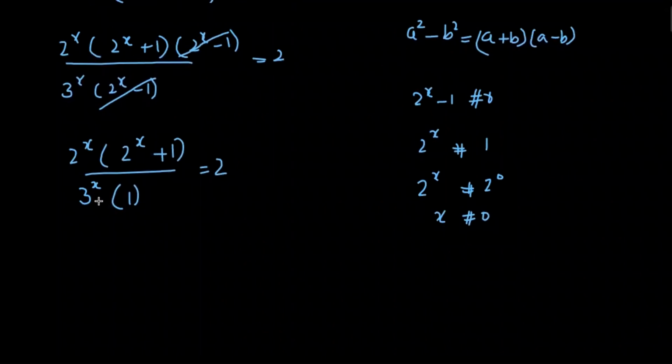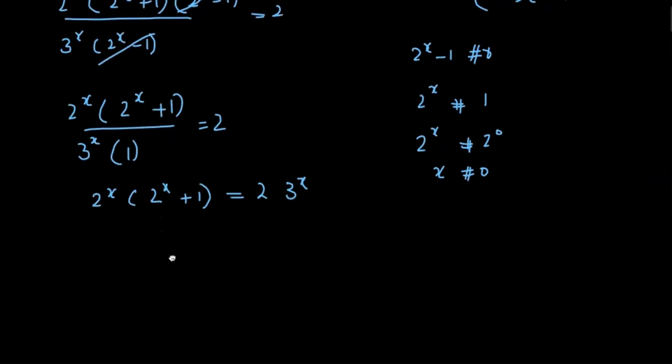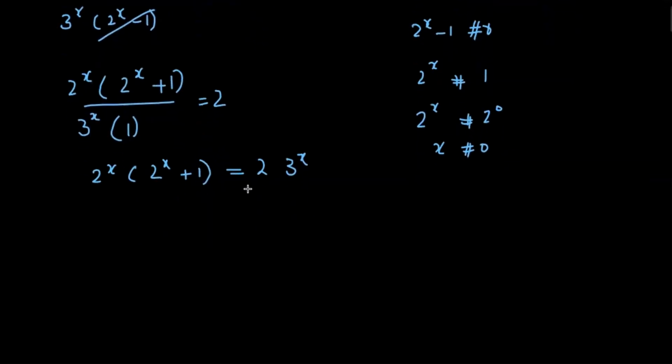Now shift the 3 power x from the left side to the right side. We get 2 power x into 2 power x plus 1 equal to 2 into 3 power x. Now we simplify more here. We can divide this equation by 2.